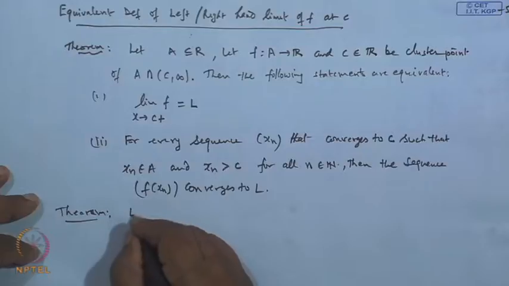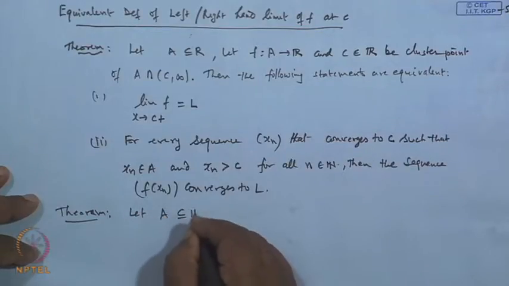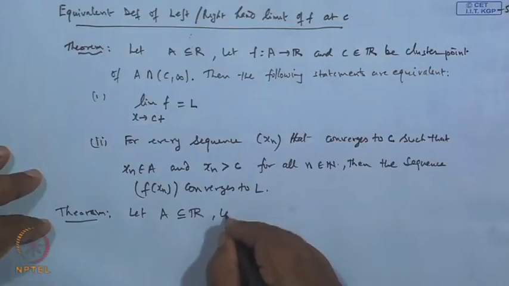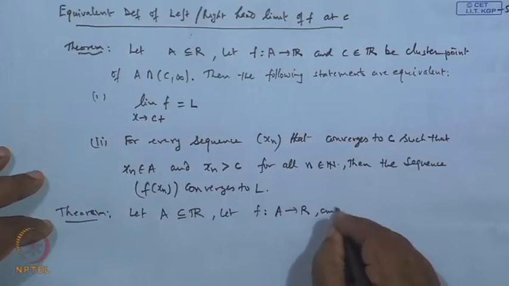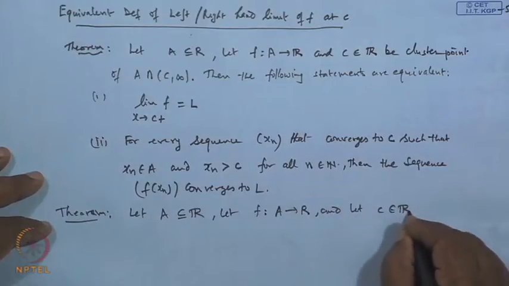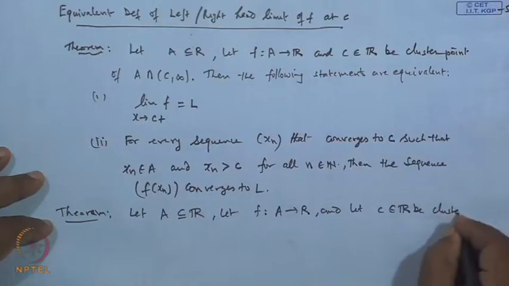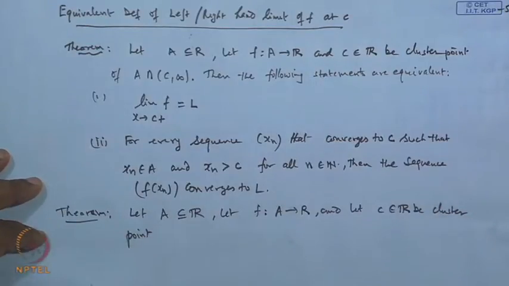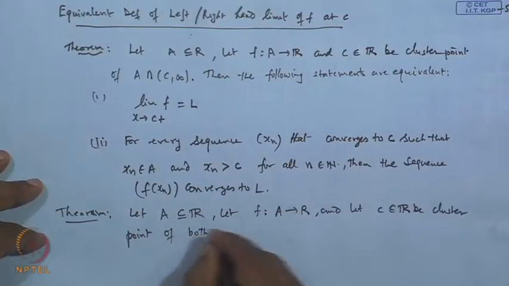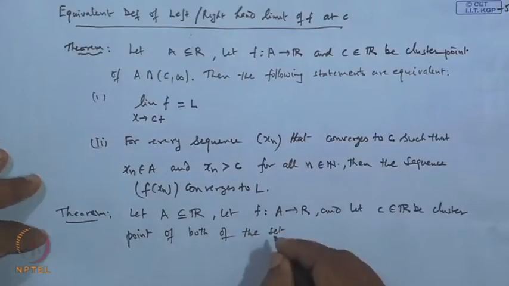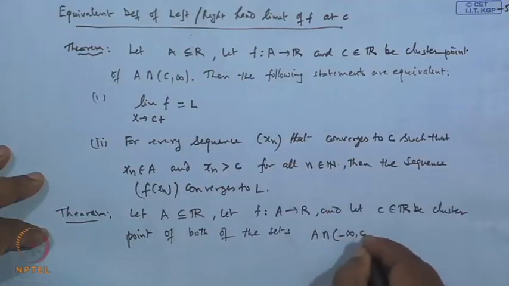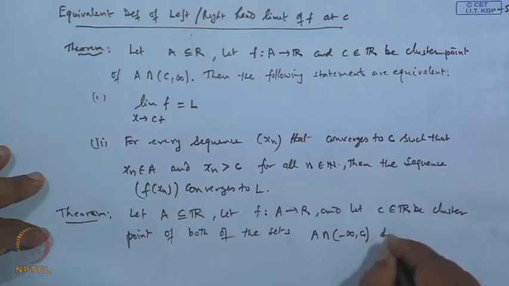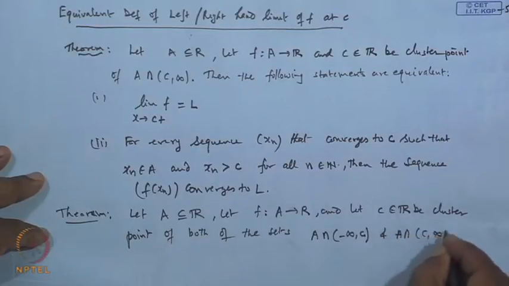What the theorem says is: let A be a non-empty subset of R, and let f be a mapping from A to R, and let c be a cluster point of both of these sets, that is, A intersection (minus infinity, c) as well as A intersection (c, infinity).